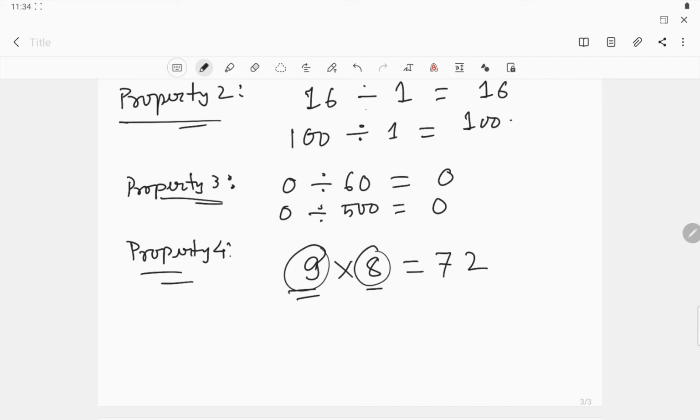But here I say that division and multiplication are related. Since 9 and 8 are factors of 72, if you divide 72 by 9, you will get 8. If you divide 72 by 8, you will get 9. So those are related.